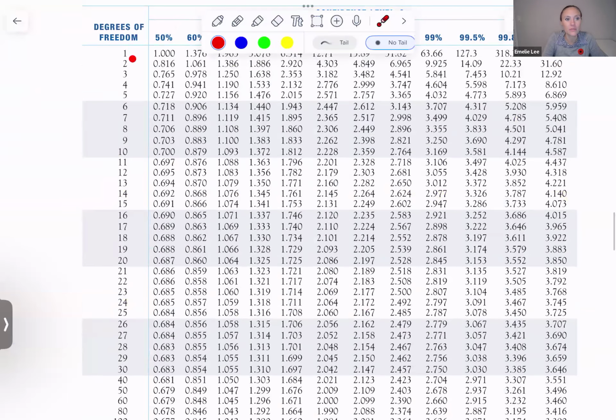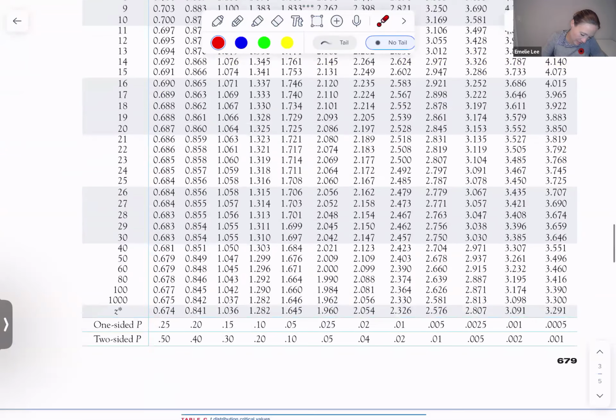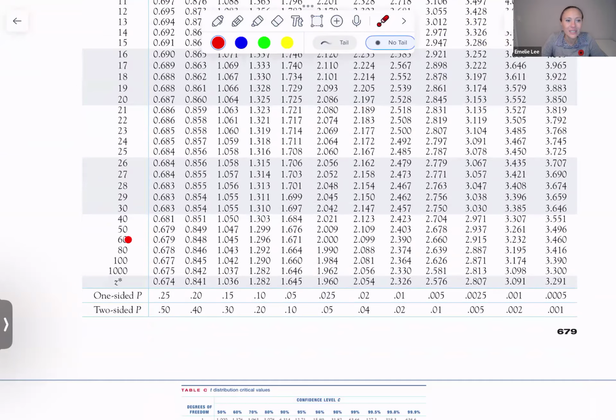So my degrees of freedom here, going down, trying to find 74. I won't find it. It's by design. I'm stuck between 60 and 80. But remember, you can't round up, right? So you have to use 60.